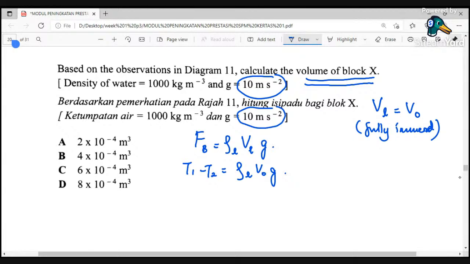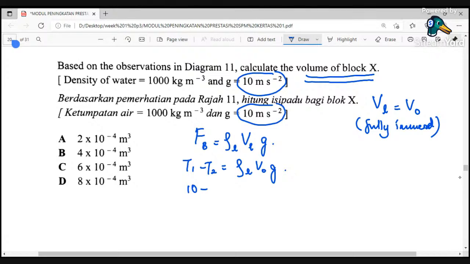Okay, so 10 minus 8 equals density of liquid. Liquid sini ialah water, so 1000, V_O, g. Dia bagi 10, saya guna 10 lah. Kalau tak diberikan, ikut list 9.81.